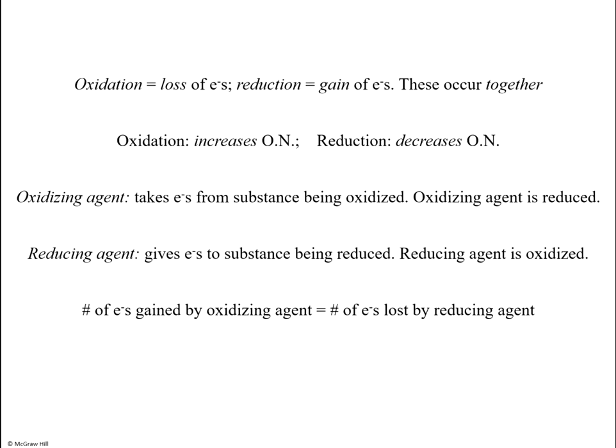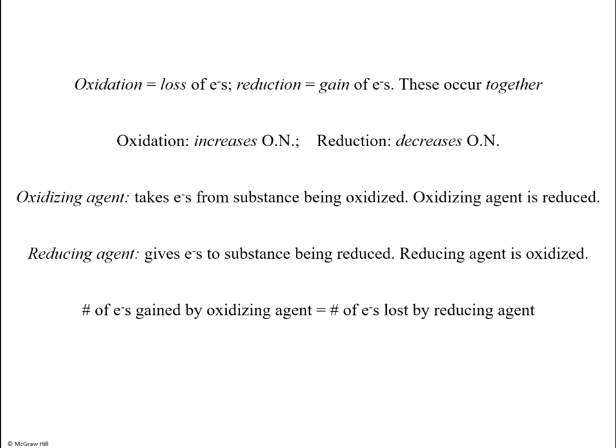The oxidizing agent in a reaction is the species that takes electrons from a substance that is being oxidized. The oxidizing agent itself is reduced. The reducing agent is the species that gives electrons to the substance that is being reduced. Therefore, the reducing agent is the species that is oxidized.